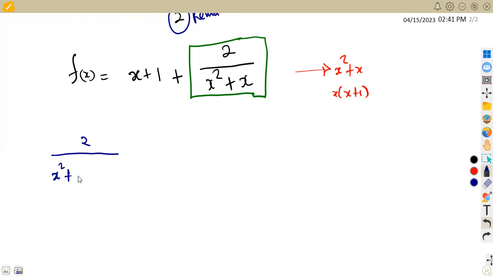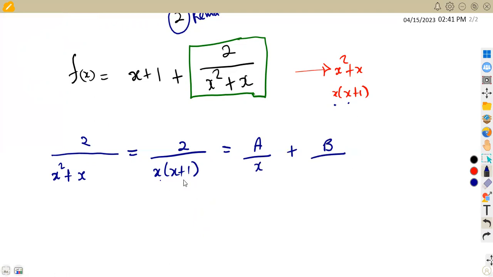So this is the whole part that we are focusing with. That's x squared plus x, which we said we can factorize into 2 over x into x plus 1. So what type of factors are we having? These are linear factors, which is equivalent to a over the first term, which is x, plus b over the second term, which is x plus 1.